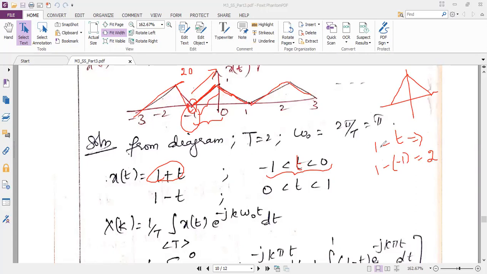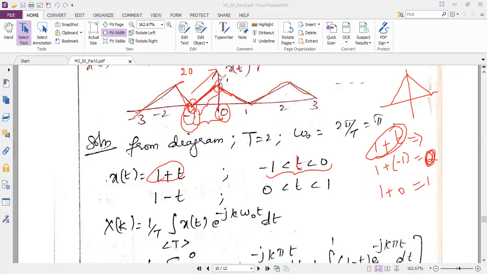So if I take 1 plus t, t is minus 1, so the minus 1 and plus 1 get cancelled and I get amplitude 0. Similarly, when t is equal to 0, substituting in 1 plus t, 1 plus 0 is equal to 1. The amplitude is 1. So 1 plus t exactly follows the amplitude levels 0 and 1.